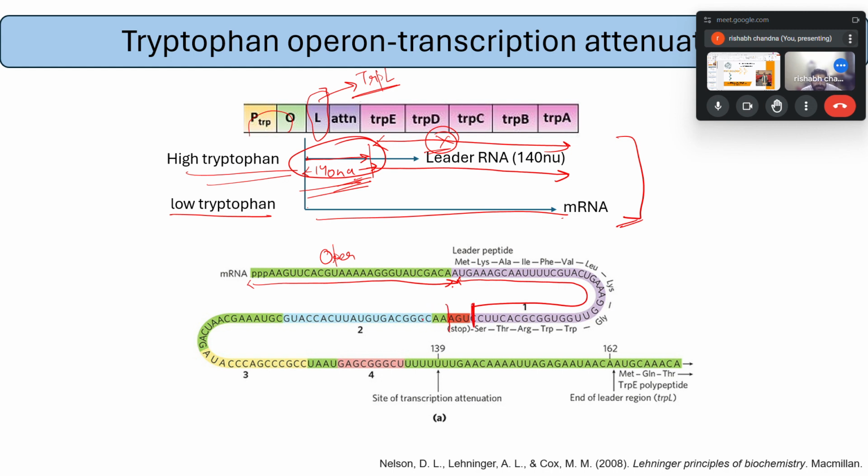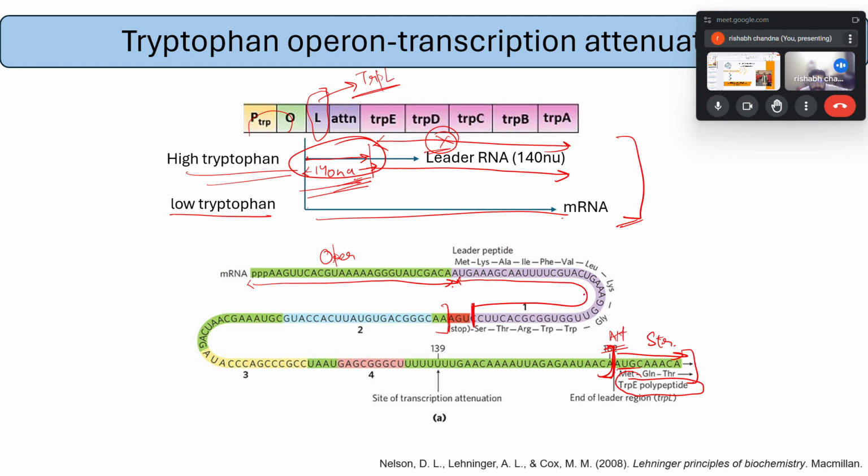Then comes the attenuator sequence. From this green to this here is the attenuator sequence, the attenuator mRNA. Followed by, from here starts the structural gene. Here it is written trp E, from here the mRNA for the structural gene starts.